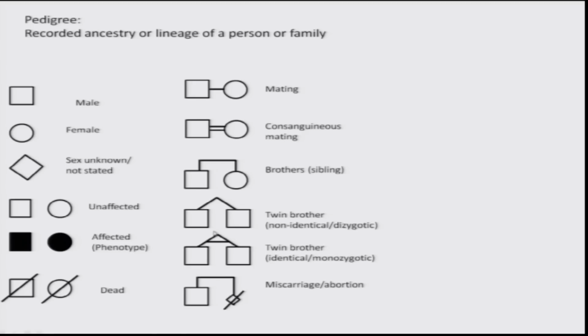Now, you could have conditions wherein an embryo is aborted or there is a miscarriage. You denote that by a small symbol and a cross because they did not survive. So, these are some of the symbols that we use to identify the pedigree.